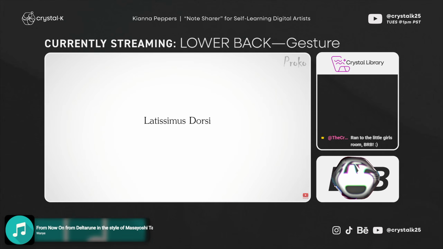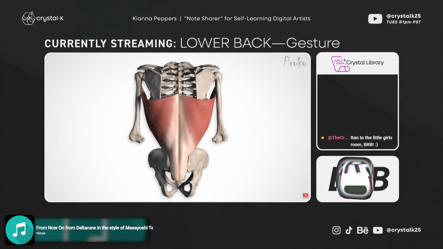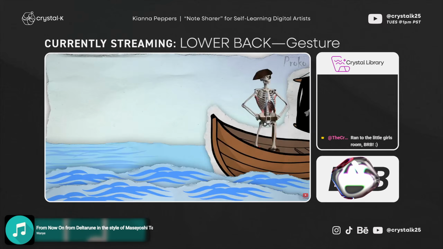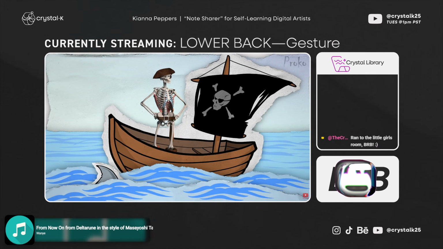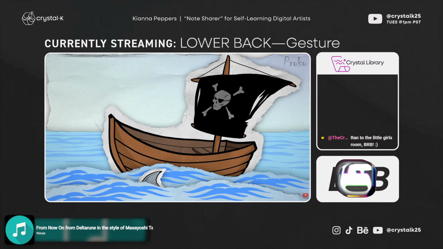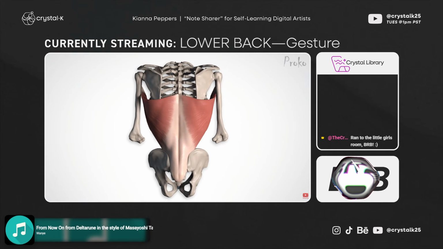Latissimus dorsi. Let's move on to the latissimus dorsi. You might recognize dorsi from words like dorsal, telling you that this is a back muscle, similar to a dorsal fin on the back of a fish. While the latissimus dorsi isn't very thick, it's very wide and reaches from one edge of your back to the other.